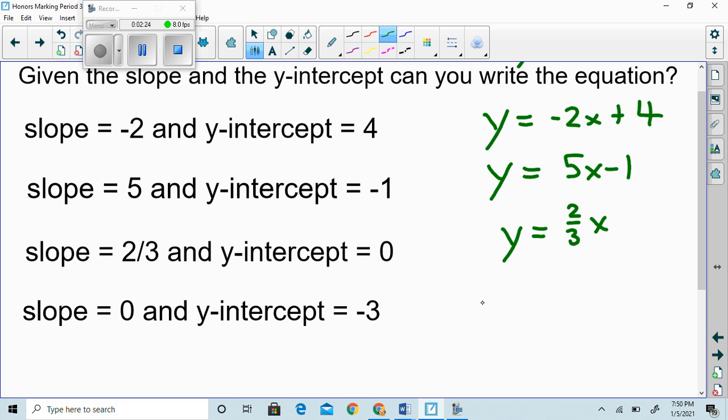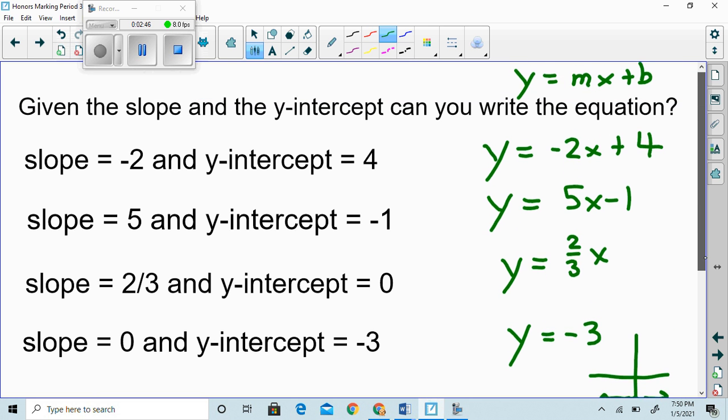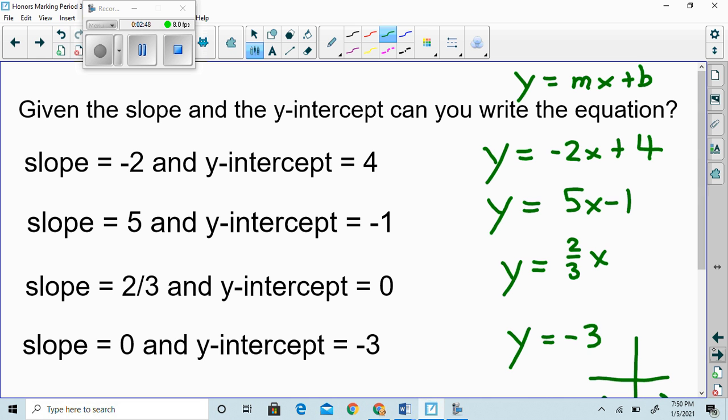And the last one, our slope is 0, so 0 times x is 0, and this leaves me with a constant. And when I graph that, it will be that horizontal line right here at -3, because y is constant. So if given the slope and the y-intercept, we can very easily write the equation.